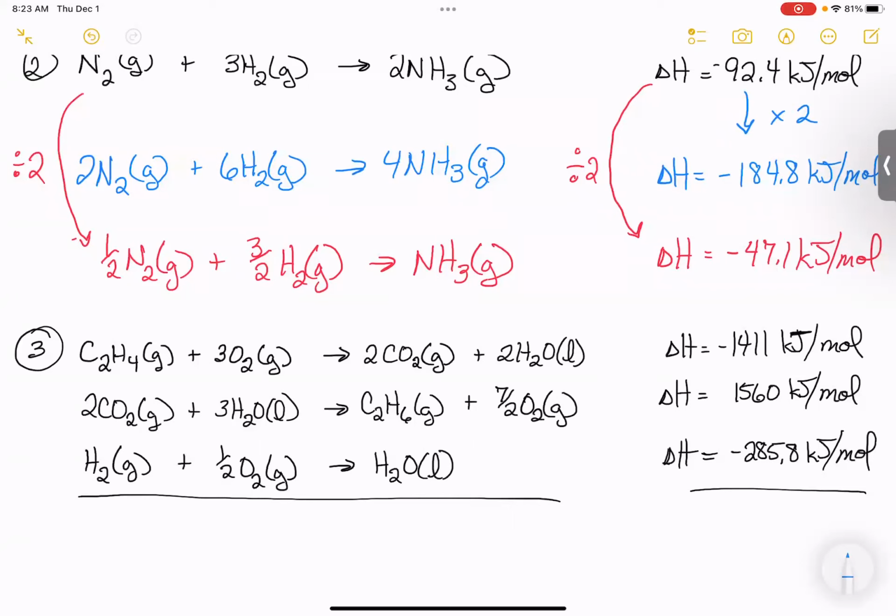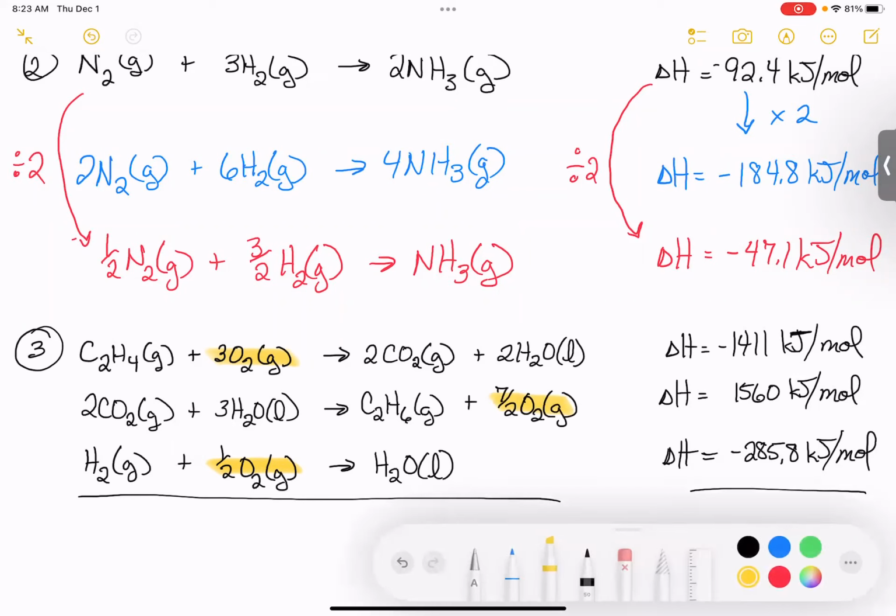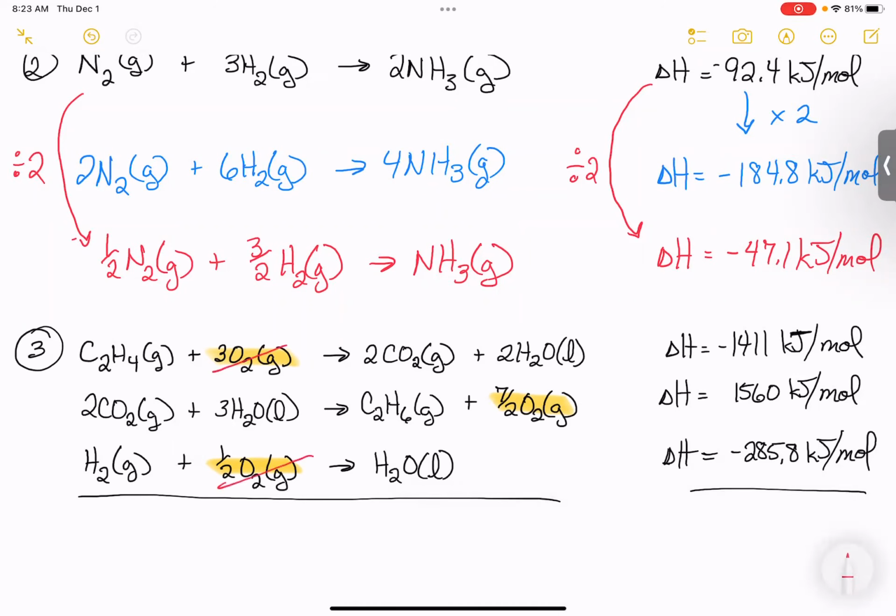So what I noticed is I have 3 oxygens and another 1/2 oxygen. That makes a total of 7 halves on the reactant side. And I have 7 halves oxygen on the product side. So that means that those oxygens are going to cancel out.